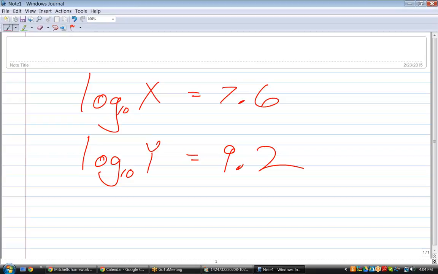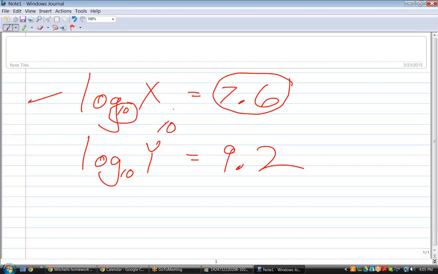Wouldn't x be equal to 7.6 to the 10? The opposite. In other words, the way I memorize this in terms of translating between logarithmic and exponential is I take the number on the far left, raise it to the power of the number on the far right, and that's equal to the number in the middle.